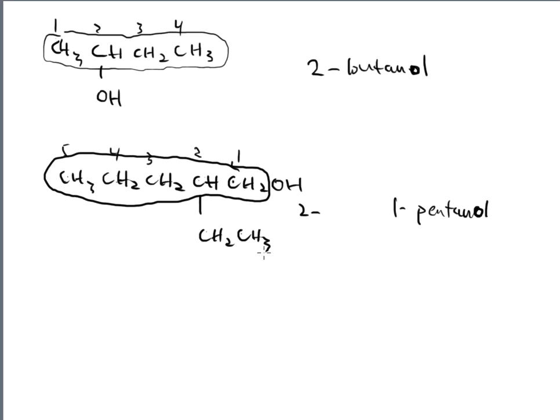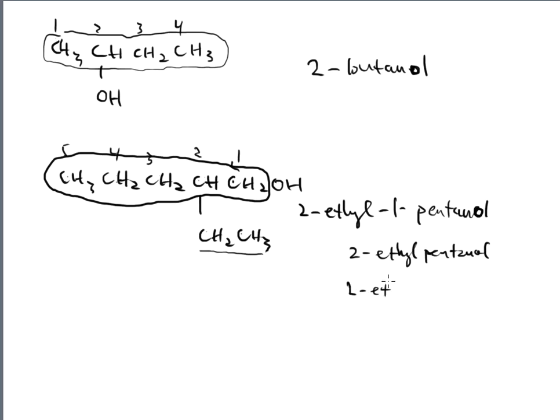At carbon number 2, I then have this 2-carbon piece, and that 2-carbon piece is called ethyl. So 2-ethyl-1-pentanol, or I can shorthand this a little bit. 2-ethylpentanol is another way that we can write that word.